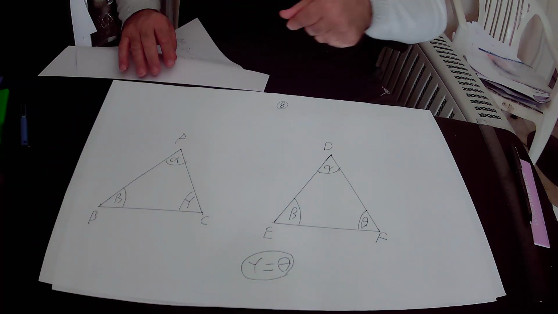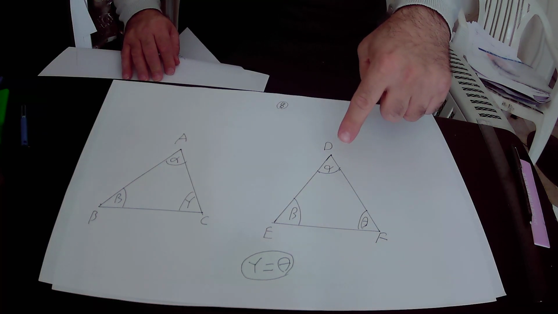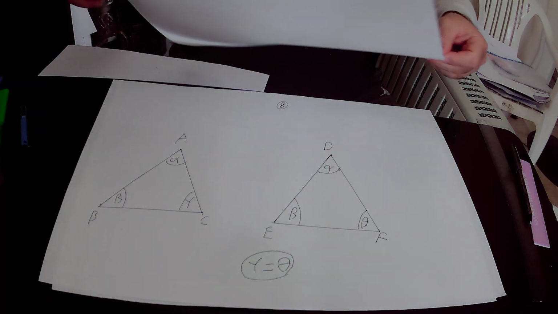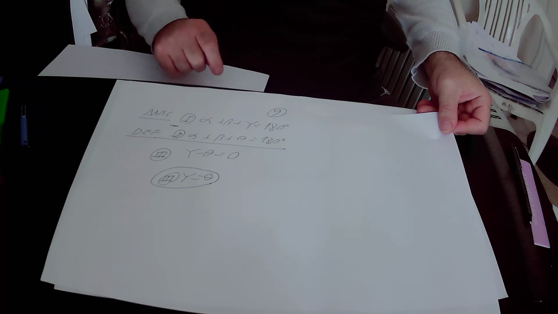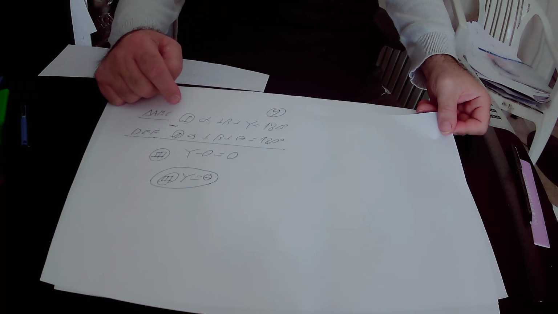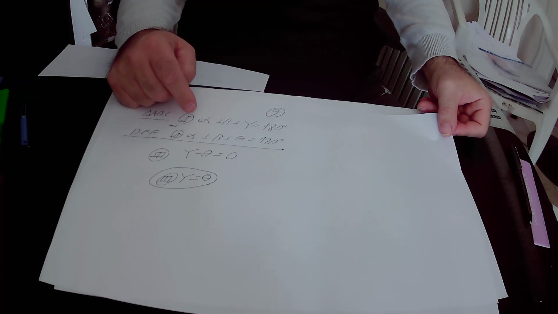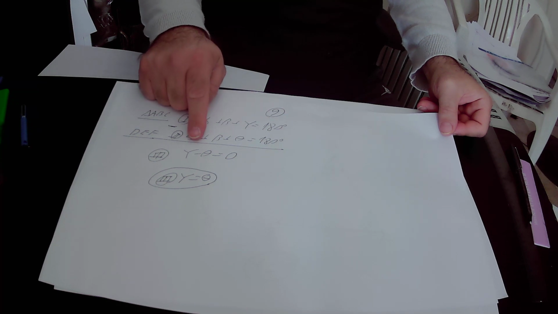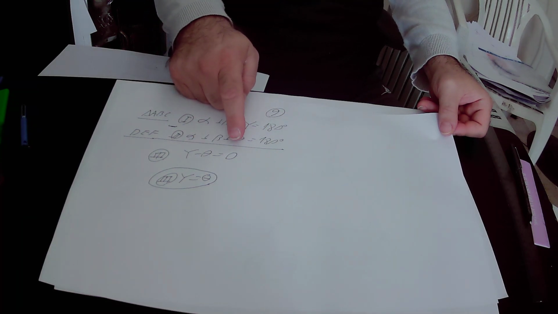Likewise, in triangle DEF, the sum of its angles equals 180 degrees. That is to say, alpha plus beta plus theta equals 180 degrees. This is equation number 2. And then we subtract equation number 1 from equation number 2, and we get that alpha minus alpha equals 0, beta minus beta equals 0, and gamma minus theta equals 180 degrees minus 180 degrees, which is 0.